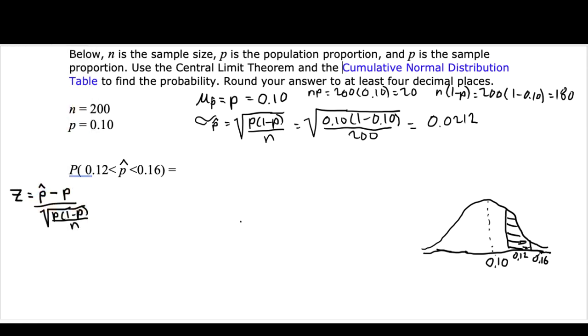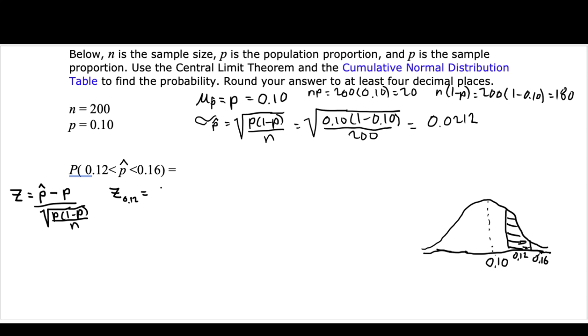Now let's calculate the z-score for both 0.16 and 0.12. I will start with 0.12. I'll put a subscript of 0.12 just to indicate that this is the z-score for 0.12.